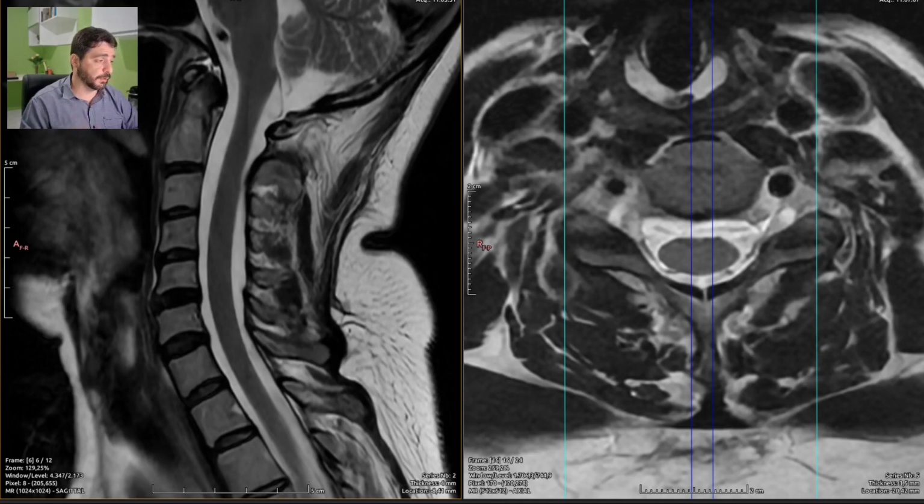Also, there are small protrusions of the discs with mild to no repercussions on the neural structures. Degenerative disease of facet joints and uncovertebral joints. No stenosis. I'm going to add here the cysts.